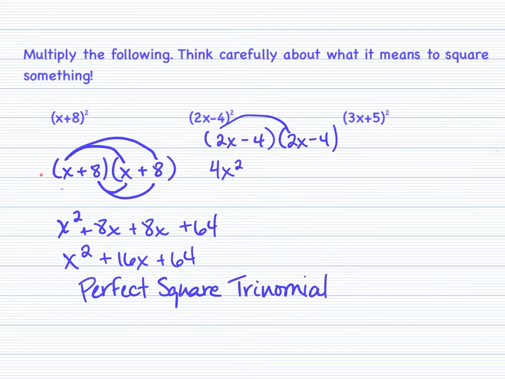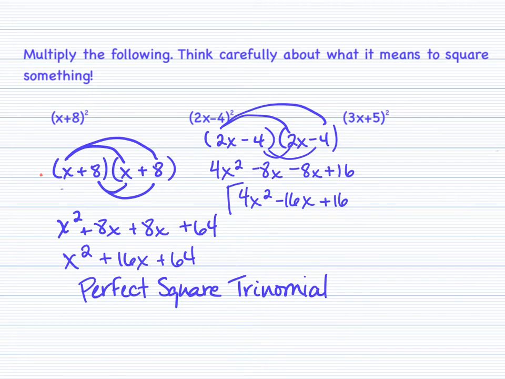4x squared minus 8x minus 8x plus 16. So 4x squared minus 16x plus 16. That's our perfect square trinomial.